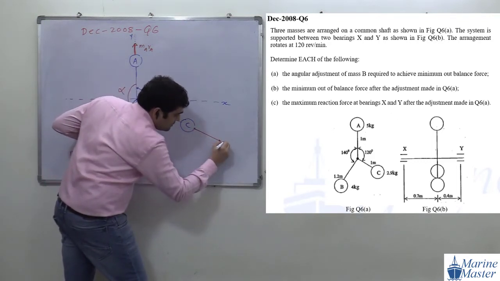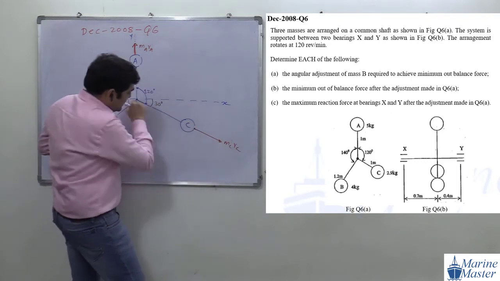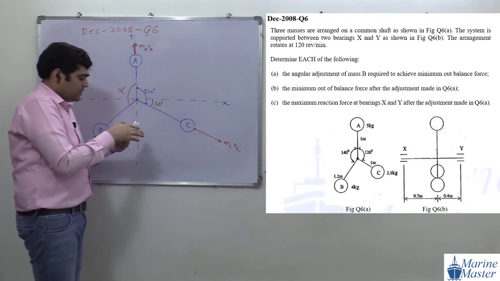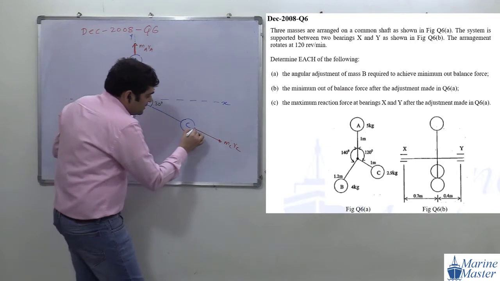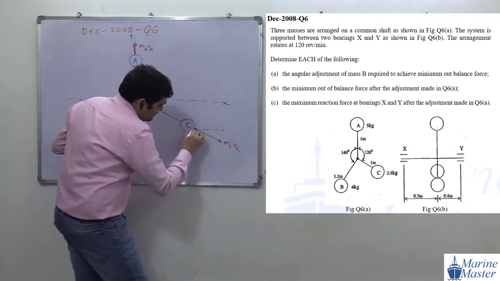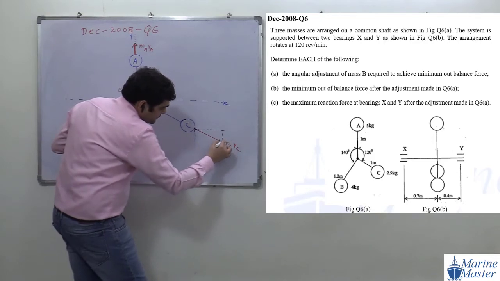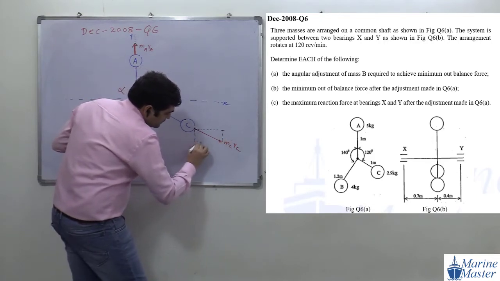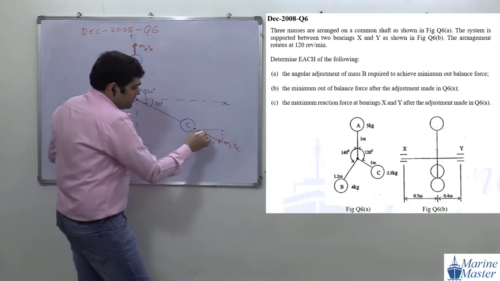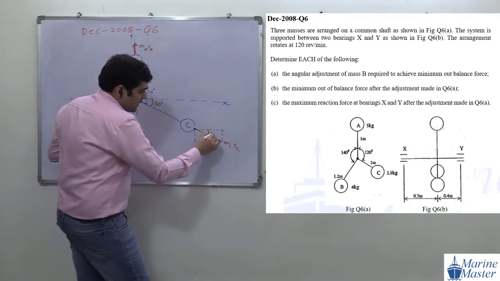This is our MCRC, in the same line. Okay, see the scenario here. How to take the components here? This angle will be 30 degree.